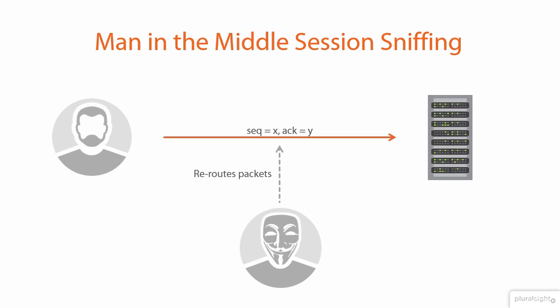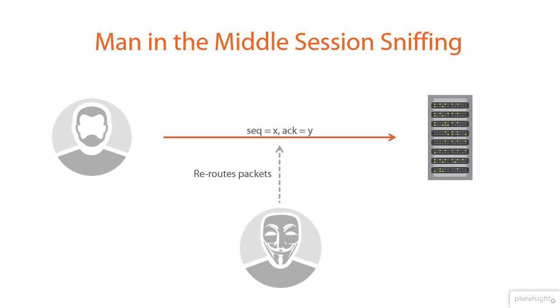Now, how do they do this? Well, one option would be to forge ICMP packets, so the Internet Control Message Protocol, which would give them the ability to redirect traffic between the client and the host such that it passes through the attacker's machine. Another option is ARP spoofing, so exploiting the Address Resolution Protocol such that the ARP tables are modified via a forged ARP reply and the victim's traffic is sent via the host. Now those would both be attacks where they simply all exist on the same network.